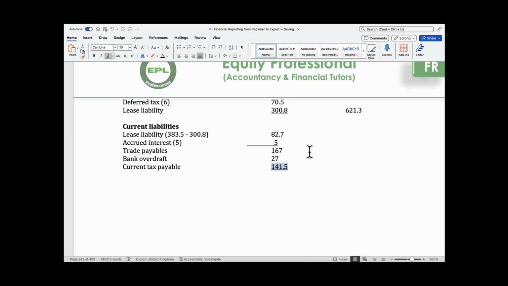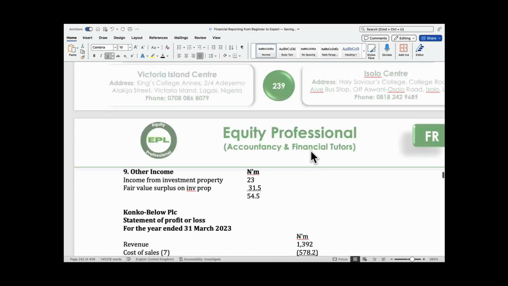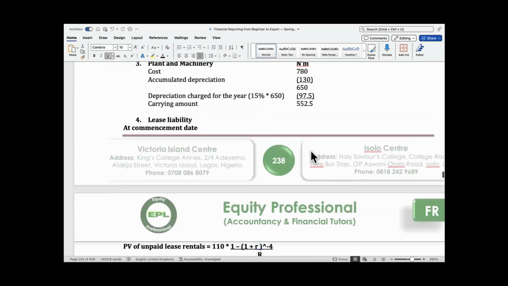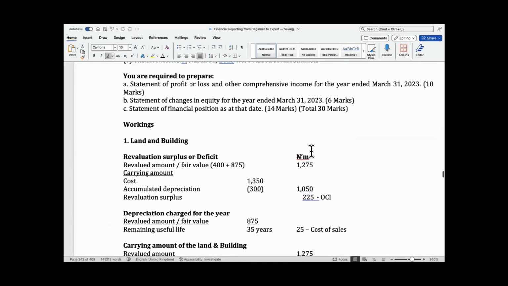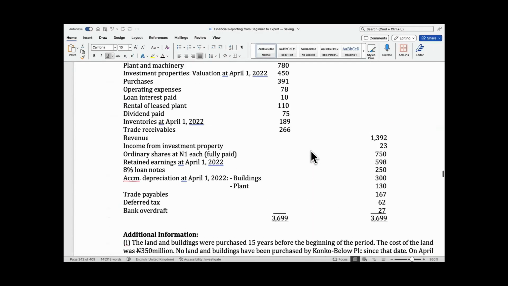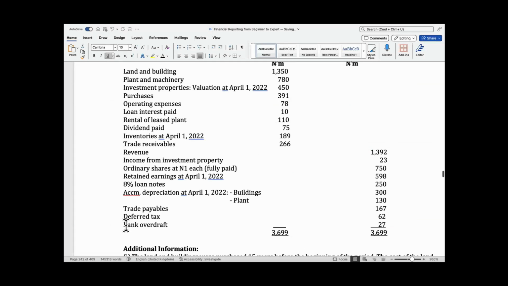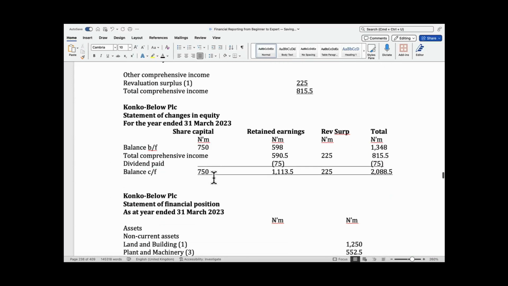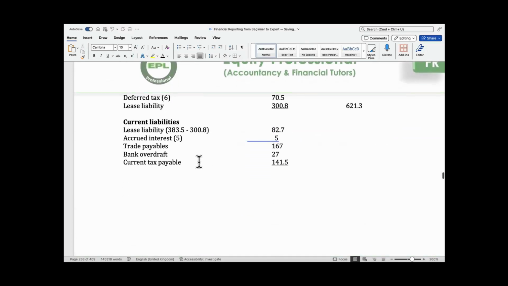Is there any other item from our trial balance that we haven't factored in? We have touched every item here. Every item has been touched one way or the other.